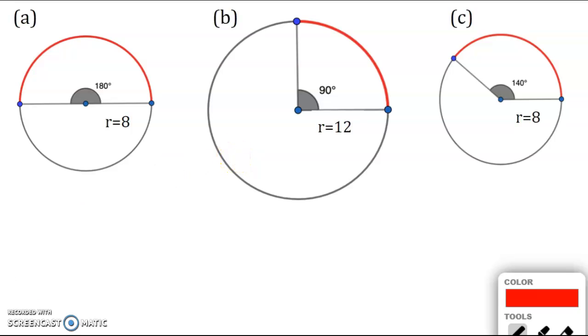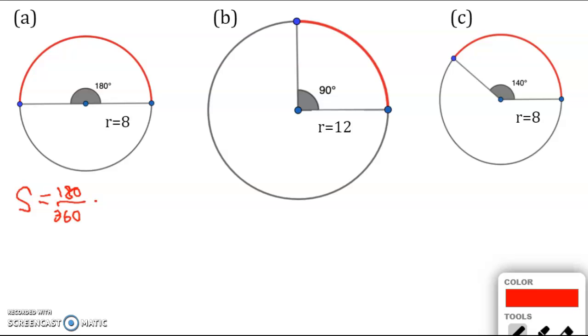So arc length, and we can use S as the arc length, is whatever proportion we have. We have half of a circle, or we can think of it as 180 divided by 360, or visually this is half, which is 180 over 360 times the whole circumference, 2 pi r.